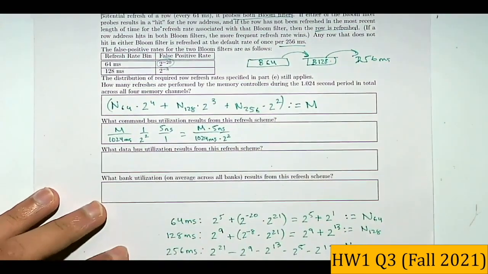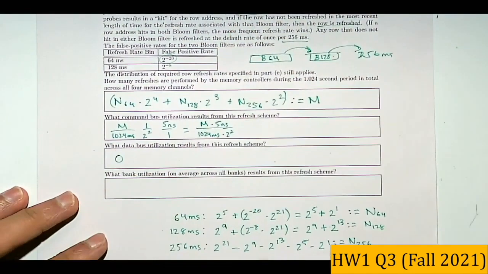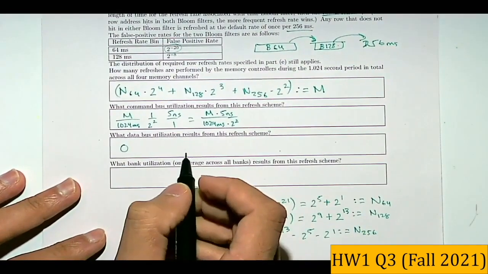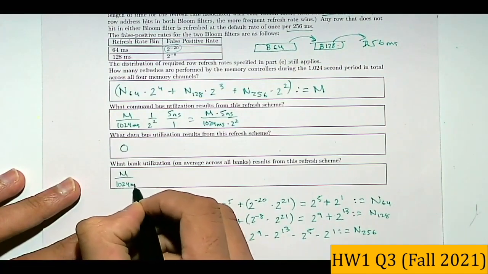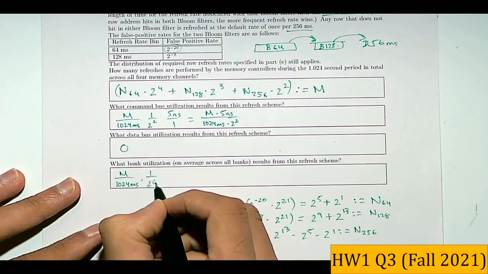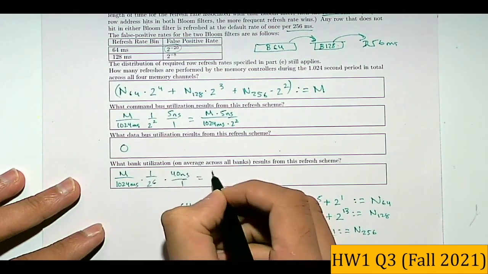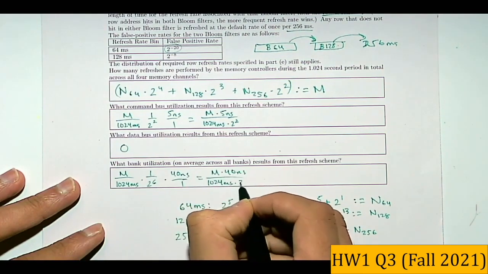For data bus utilization, we don't touch the data bus for this scheme, so it's still 0. For bank utilization, we have M operations per 1024 milliseconds, with 2 to the 6 banks and 40 nanoseconds per refresh operation, so M times 40 nanoseconds over 1024 milliseconds times 2 to the 6.